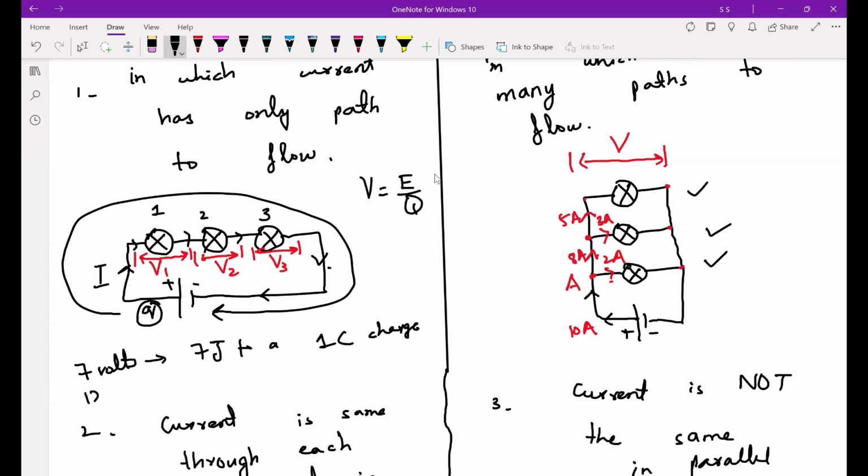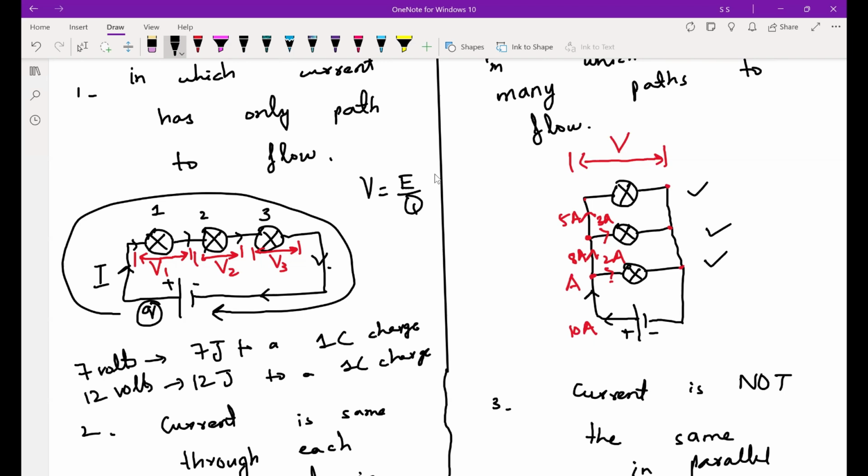If you have a 12 volts battery, it would give 12 joules of energy to a 1 coulomb charge. It would give more energy like that. Is that clear?